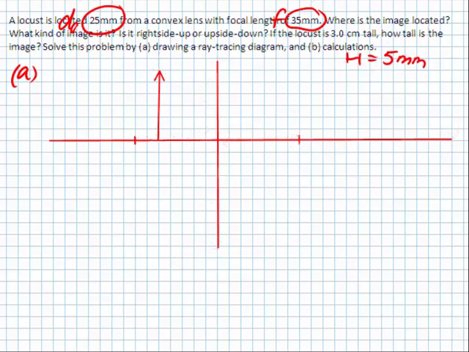We'll use blue lines here, and we'll start off with the parallel focus ray. Parallel ray goes through the focal point.